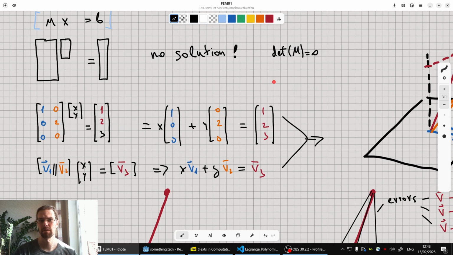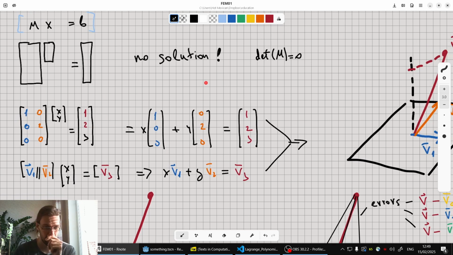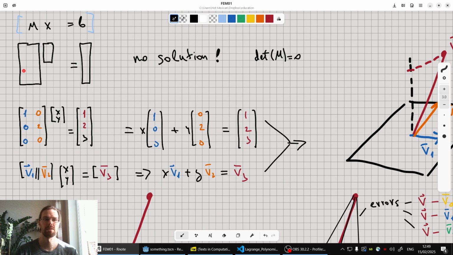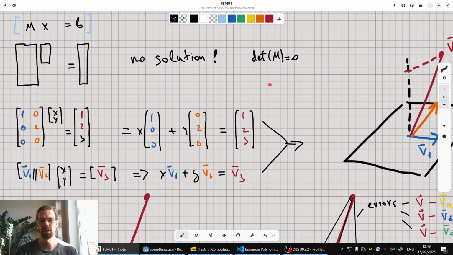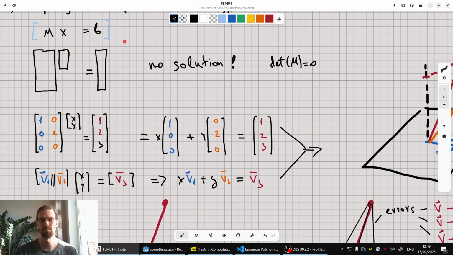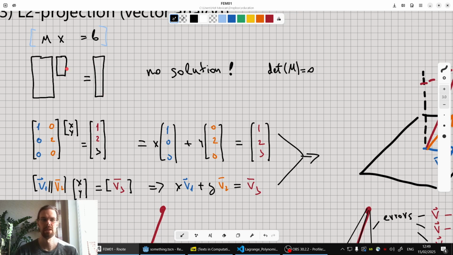And now the question about whether there will be a solution or not boils down to whether these two new basis vectors can reach this b vector. So for example, in this tall skinny matrix case, b can live in R3, so three-dimensional space, but we only have two columns.